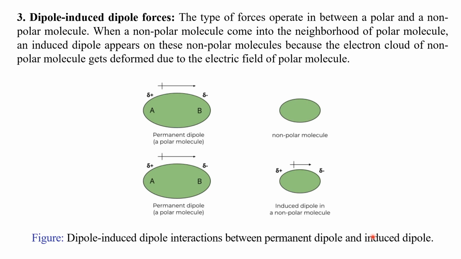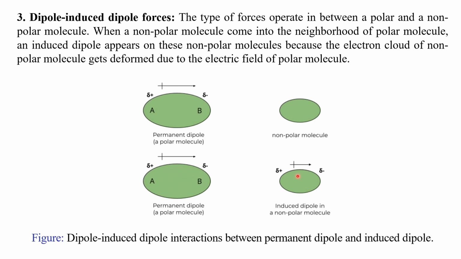Then dipole-induced dipole forces. These are forces that operate between a polar and a non-polar molecule. When a non-polar molecule comes into the neighborhood of a polar molecule, an induced dipole appears on the non-polar molecule, because the electron cloud of the non-polar molecule gets deformed due to the electric field of the polar molecule. You see, this is the non-polar molecule, and this is the molecule having a permanent dipole moment.